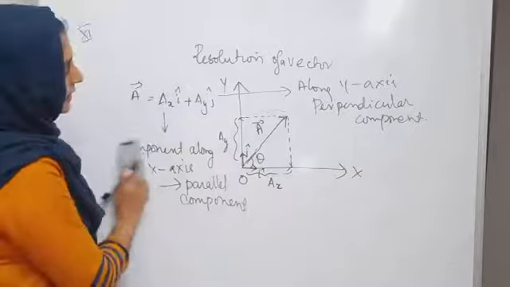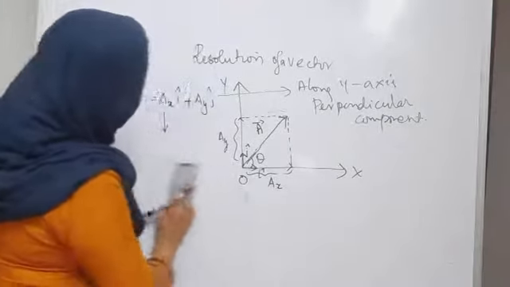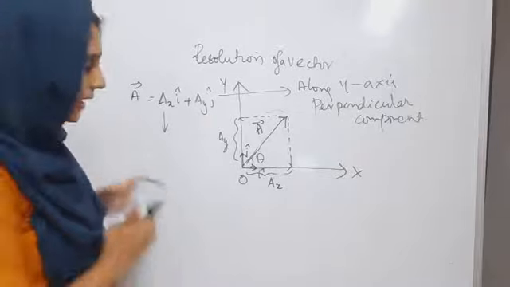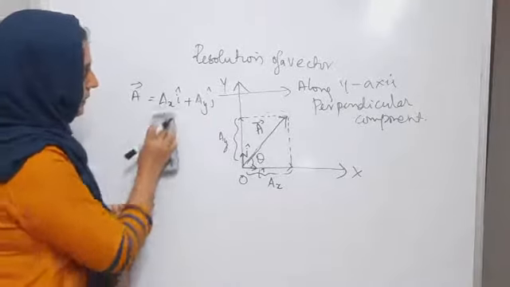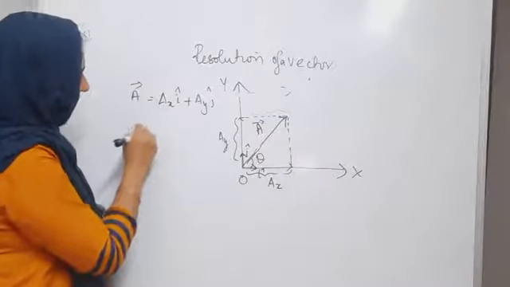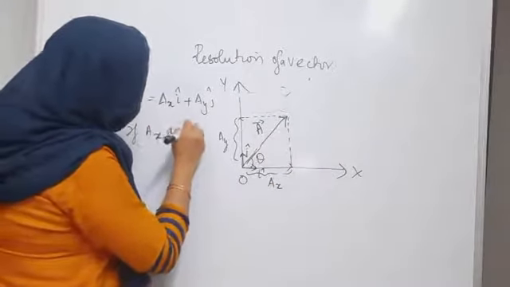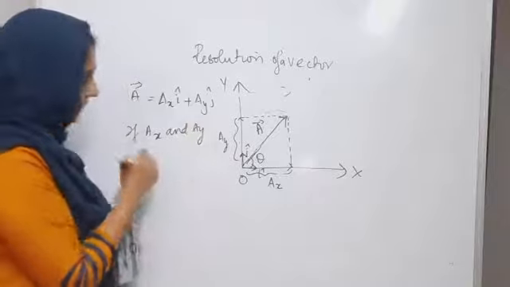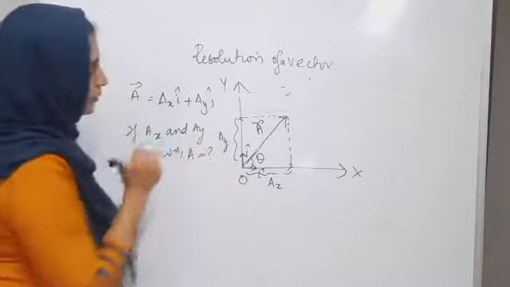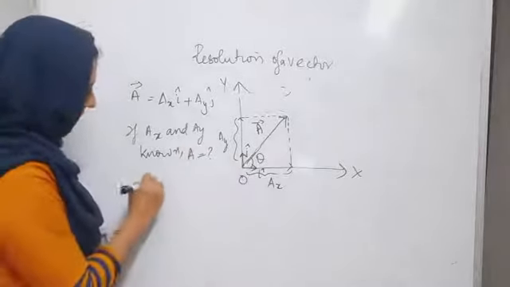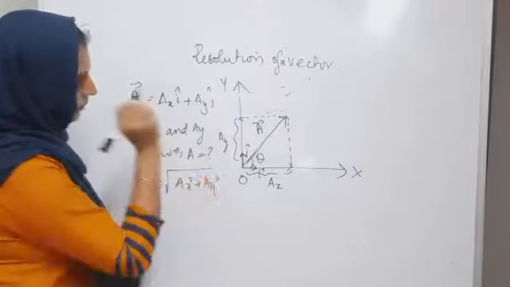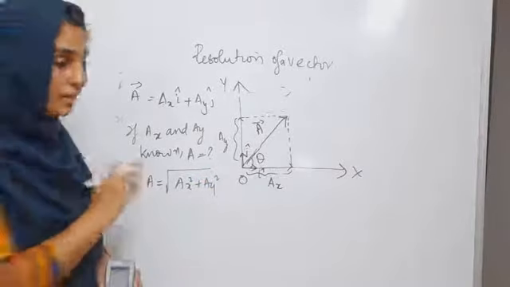Now let us see how to represent A if you know Ax and Ay. What is the magnitude of A? I have already written that in the previous problem. If Ax and Ay are known, they are simply scalar quantities. How to find A, that is the magnitude of A? A is equal to root of Ax square plus Ay square. Now, how to find the direction of A?